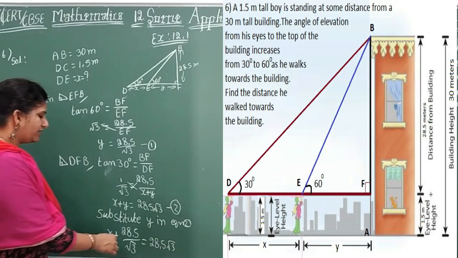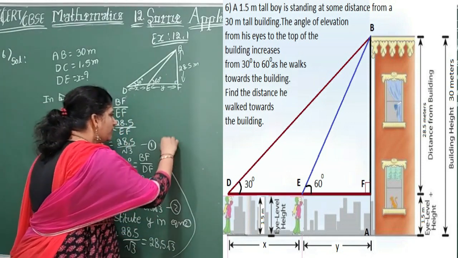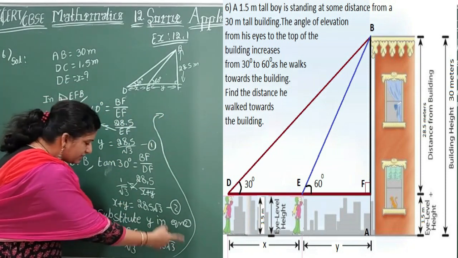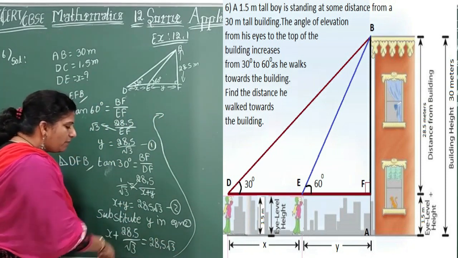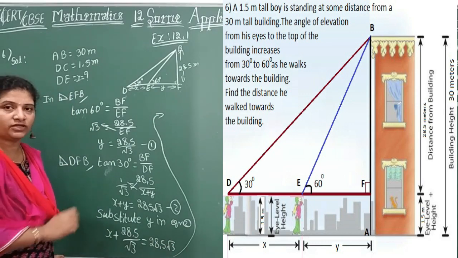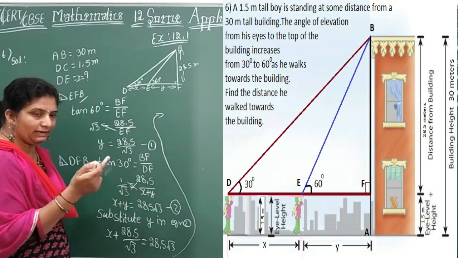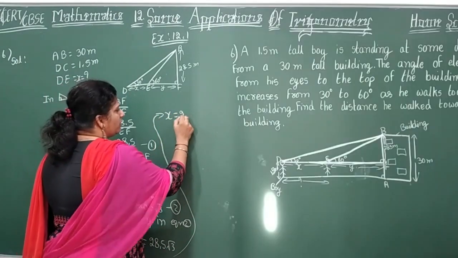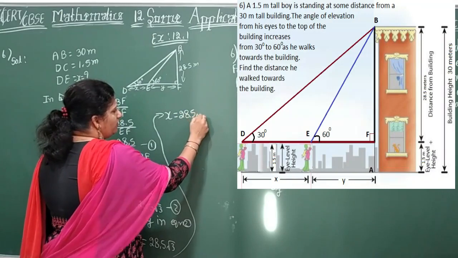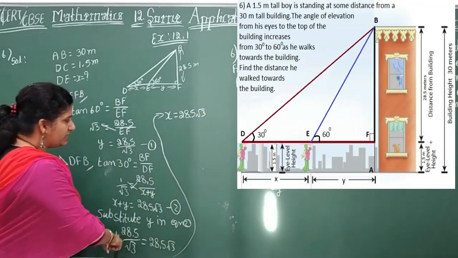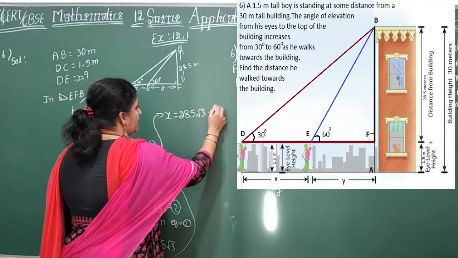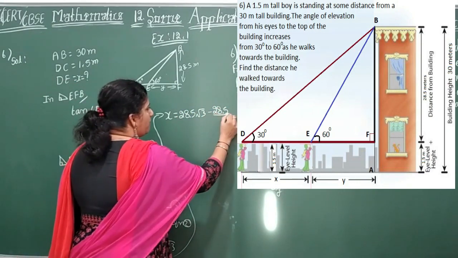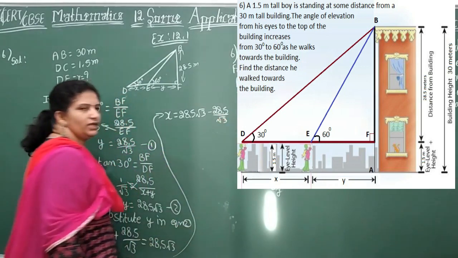Okay, now let's move this side, your problem here. So look here. So sending this side, what happens here? Positive 28.5 by root 3, if it comes to this side, it will be negative. X is equal to 28.5 root 3 minus 28.5 by root 3.